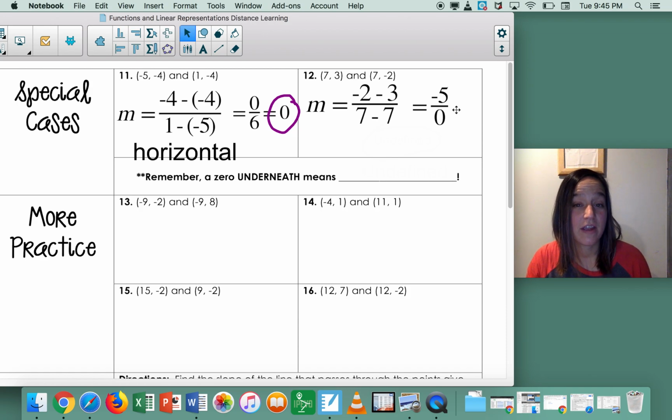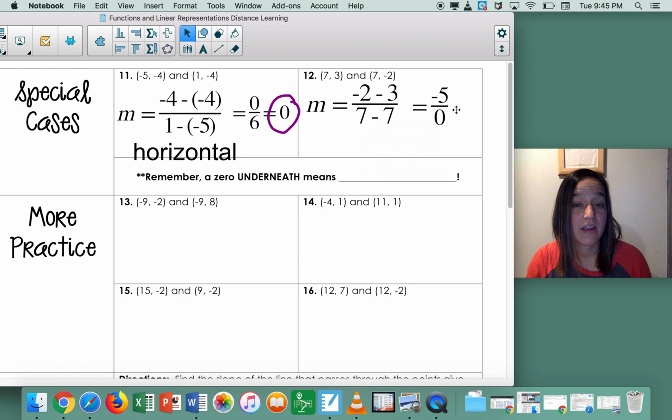If I have a 0 on bottom, what does that mean? A 0 on bottom means that it's undefined. And so if it's undefined, one, I know it's a vertical line. But I also know that it's undefined. So we need to always remember that if a 0 is on bottom, it's not a big deal. It just means that my answer is undefined.